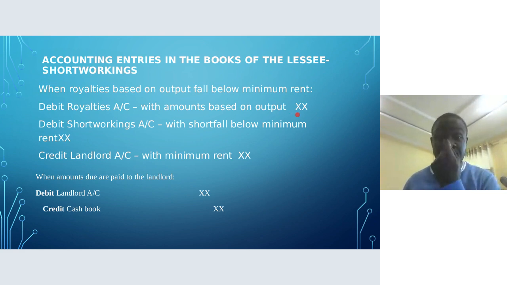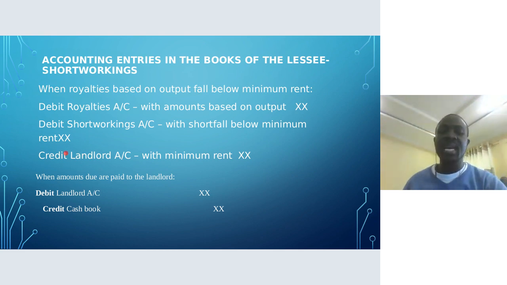So for the 900,000, we debit the royalties account with the 900,000. Then we also debit the short workings account, the amount below the minimum rent. So in our case, we will debit the short workings account with 1 million minus 900,000, and that is 100,000.